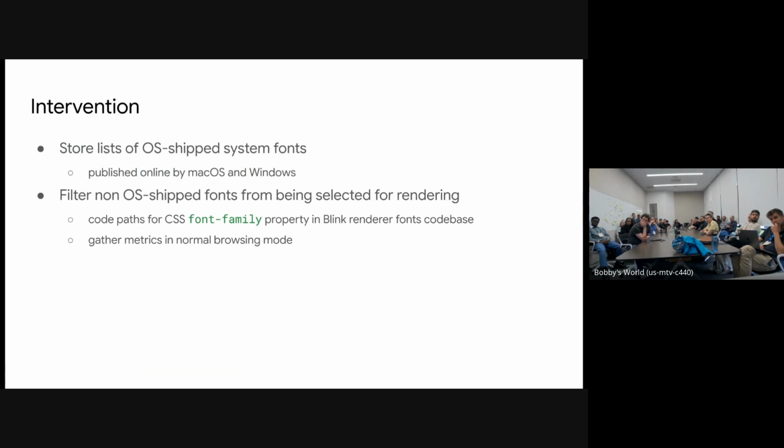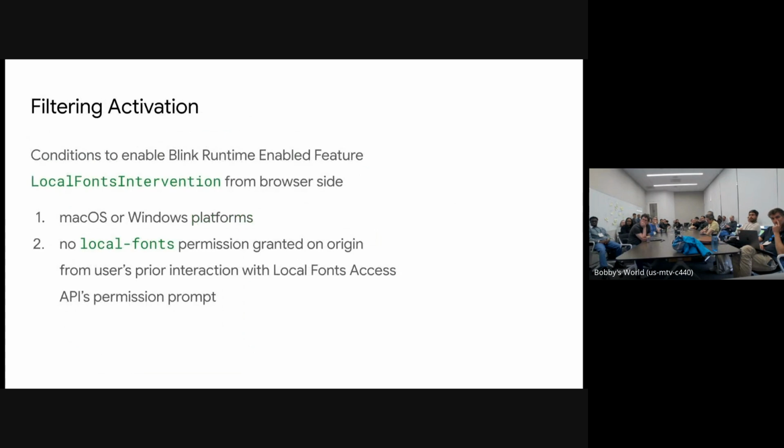In addition to the actual filtering mechanism, we will gather metrics in normal browsing mode because we will have a higher sample rate there. And that will help inform our decisions to move on to the next phases of the project. As mentioned before, we will gather these metrics and perform experiment analysis. John touched on this in his talk on Canvas about how we activate the intervention for Canvas. We follow a similar infrastructure, but for the local fonts intervention.